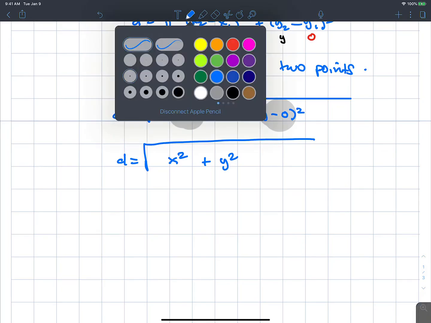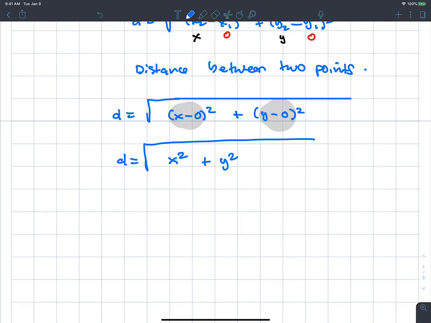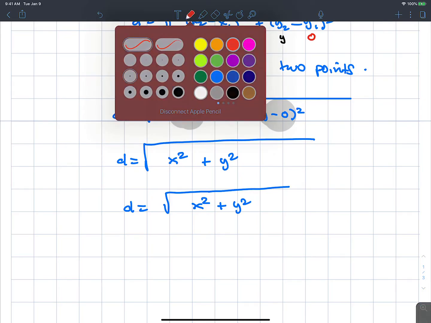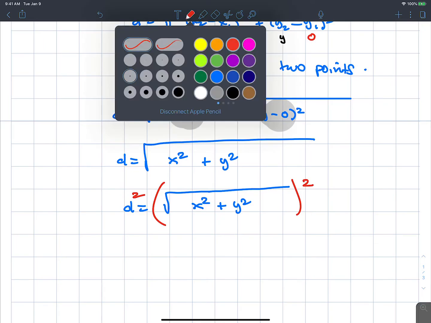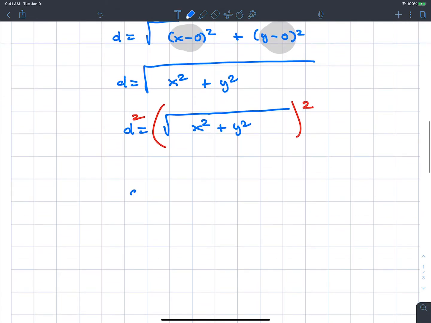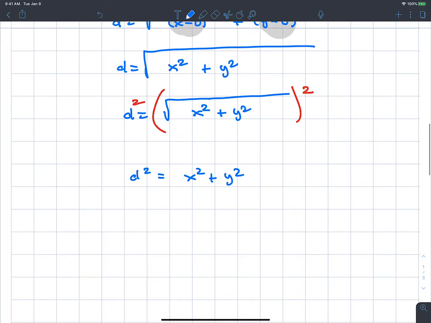And so now you know from this course, intermediate algebra, what we end up here with is this x squared plus y squared. We're going to square both sides, square the left side, square the right side, and then you obtain d squared is x squared plus y squared.